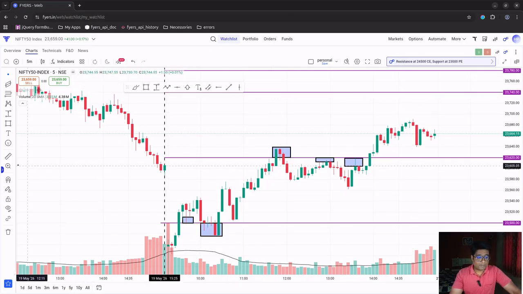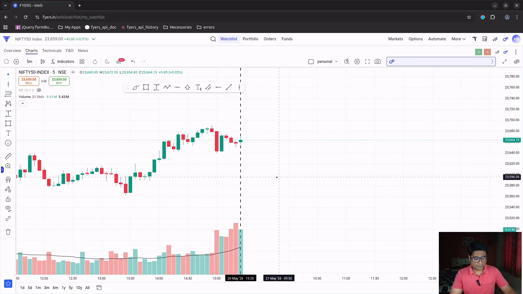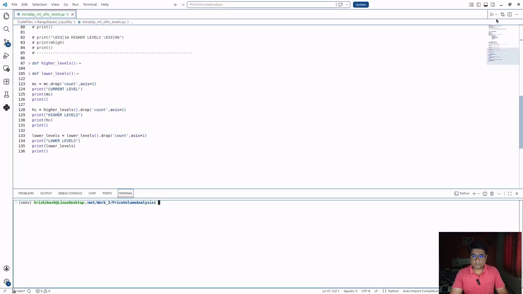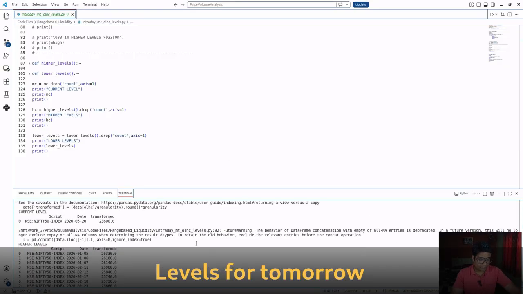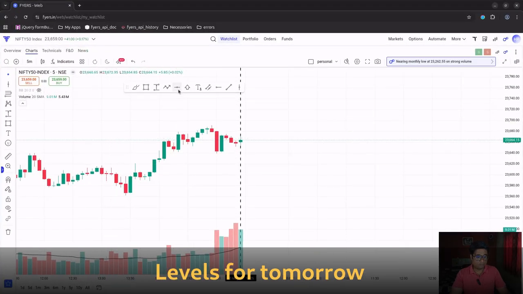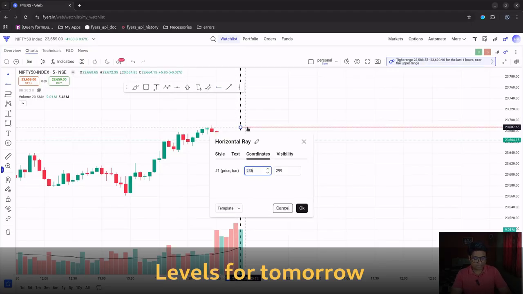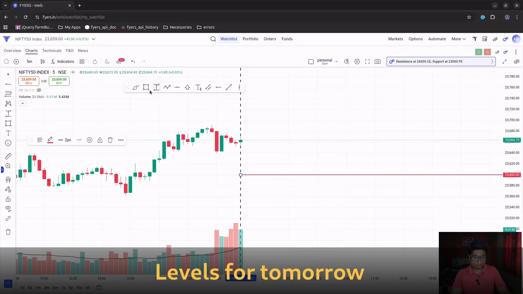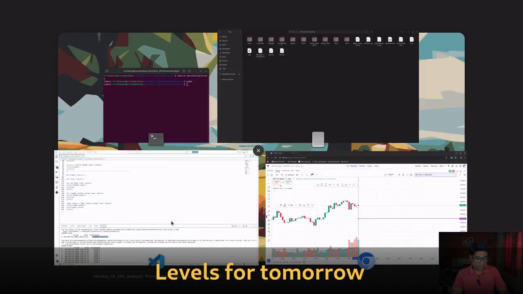So I'll delete these levels, and let me plot the levels for tomorrow. Let's run our code. First is 23,600. I'll put it in purple.